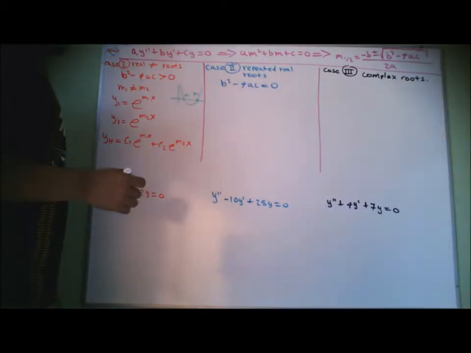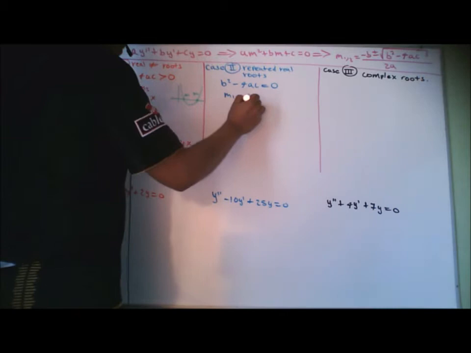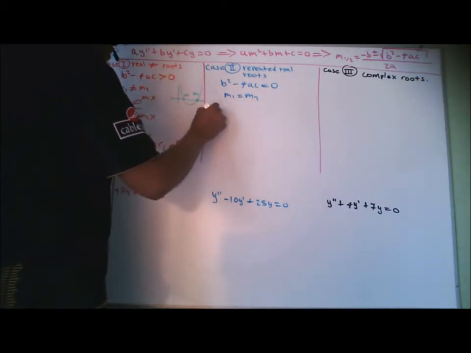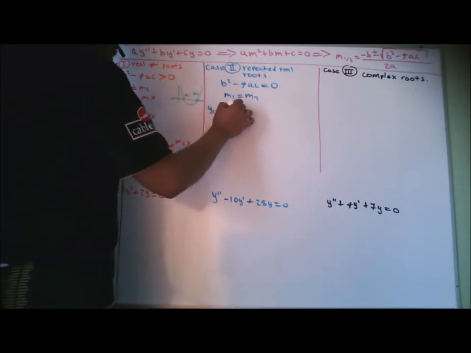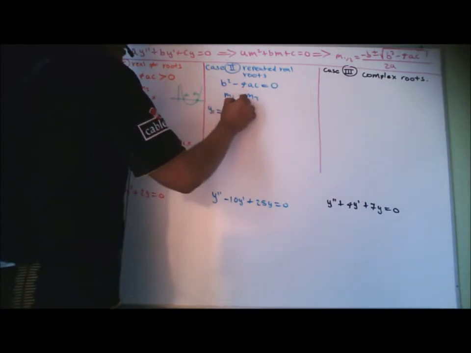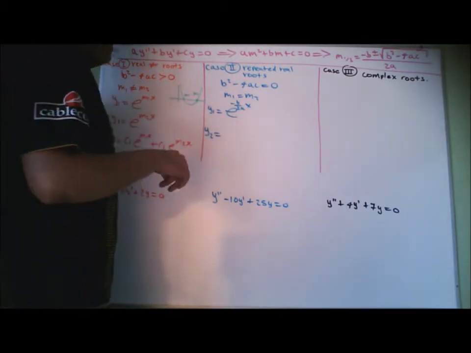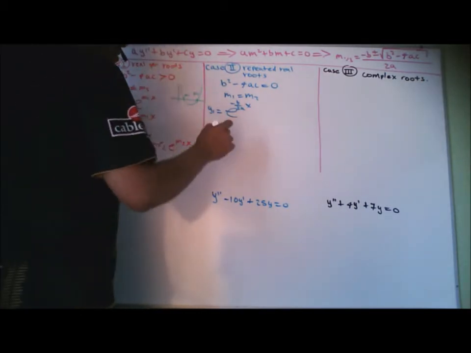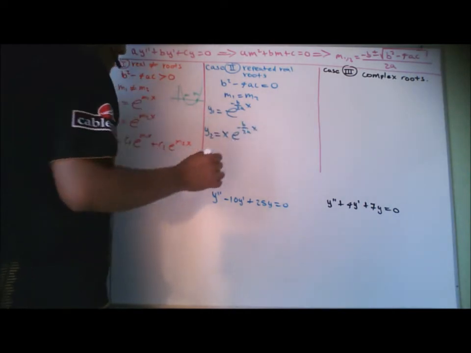What happens here is that your m1 is equal to your m2. Your first solution is going to be, as we saw in the previous video, exponential of minus b over 2a x, and your second solution, with the order reduction formula, is going to be x exponential of minus b over 2a x.